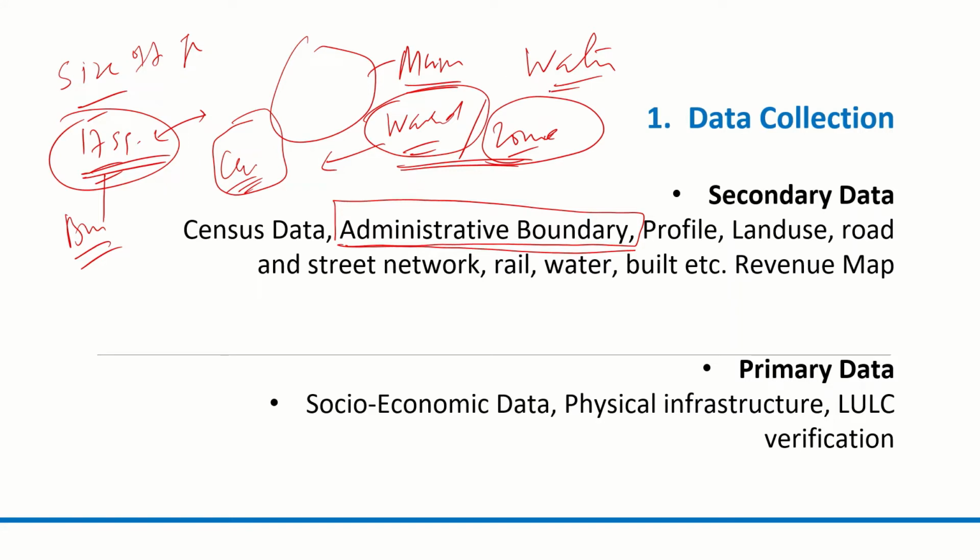So if we have access to these zones, then probably we can take one or two zones and specifically intervene. So the first thing is we should get hold of the administrative boundary profile, so that things are clear for us before we go to the site. One.